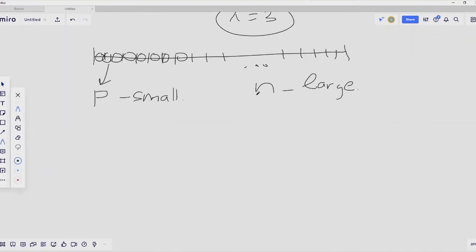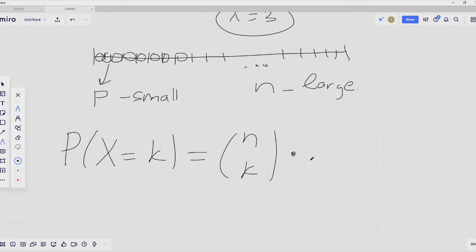Now, we know that this model is described by the binomial distribution. Then we are looking for the PMF of the binomial distribution. So we are looking for the probability that the random variable x takes on some value k, where x is a binomial random variable, which is given as n choose k multiplied by the probability of a success.